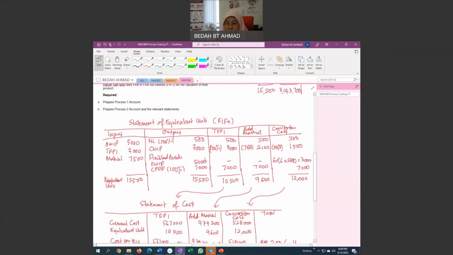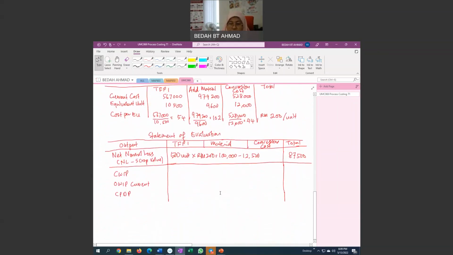So we have 3,000 units as per equivalent units. So 3,000 multiplied by RM54, 3,000 by RM102, so here is 162,000.